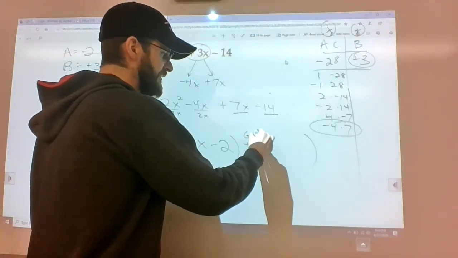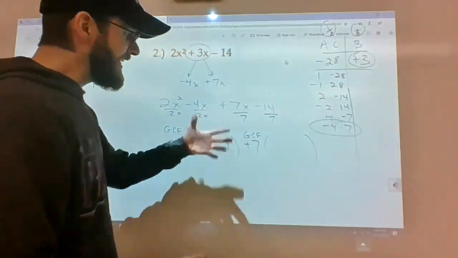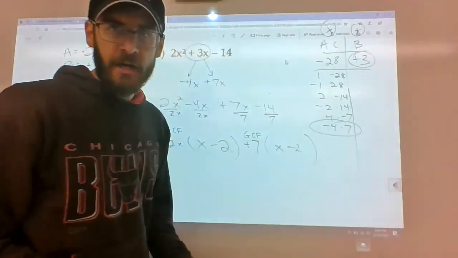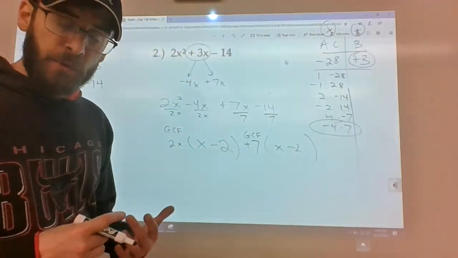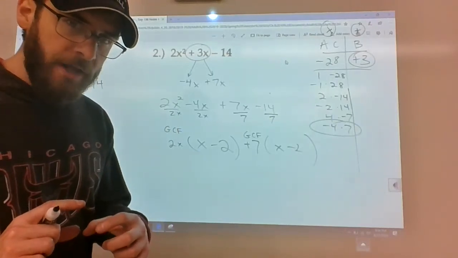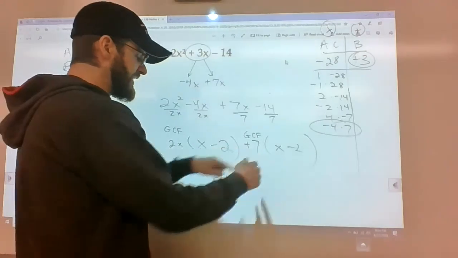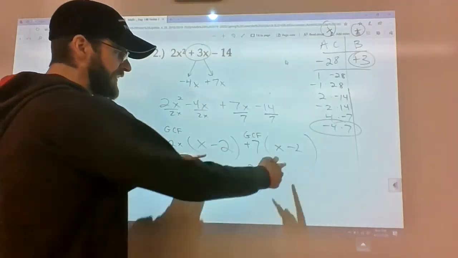This is my GCF, so you get divide by 7, divide by 7. That again should match the x minus 2 here, which it does. Your last move is you make the two GCFs into one term. 2x plus 7, and then the x minus 2's.